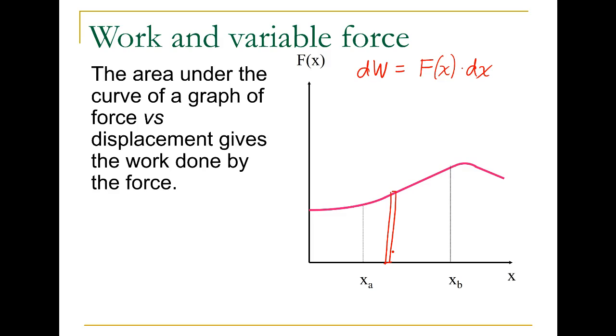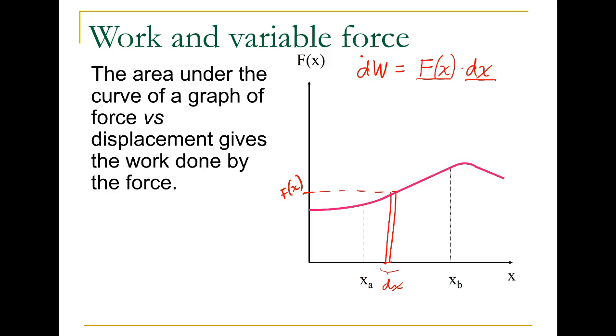Okay, now for the purpose of this rectangle, if it's really small, the height of it is the value of the function at that point, f of x. The width of it is going to be dx. So that means that the area is the height times the width, f of x dx.